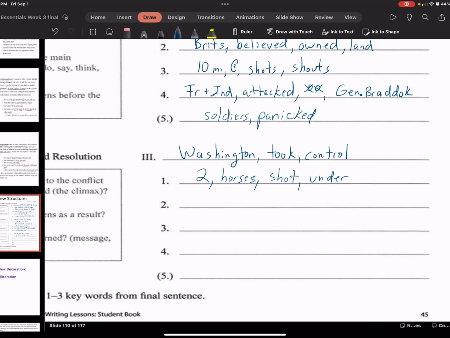So we can say arrows, right? And musket balls. And four times coat. And hopefully we would remember that he was shot four times through his coat.